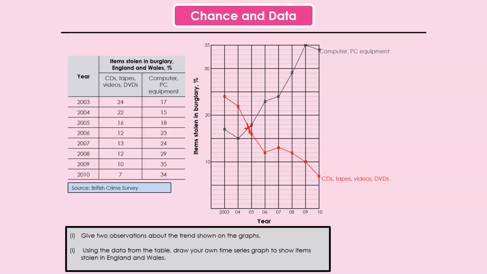From that point on, it means the computers. So in other words, around 2005 or just before 2005, computer equipment became more desirable, or worth more, than CDs, tapes, and videos. So it's an interesting way to measure the point at which it happened.